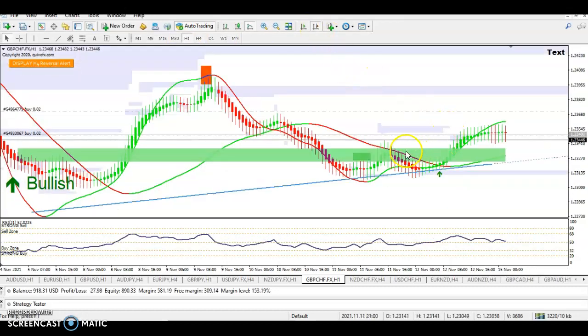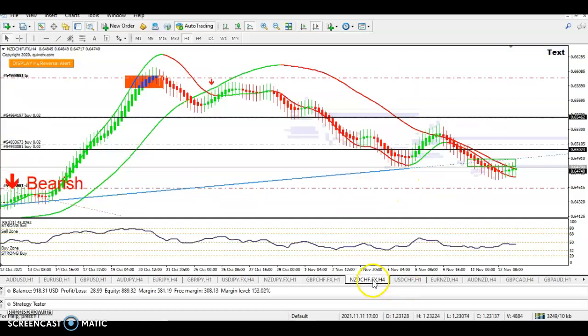Okay, and here's the hourly. Another trend line was painted, and hourly bullish reversal retest is already painted. So we can go to the upside with the G Swiss and NZ Swiss.